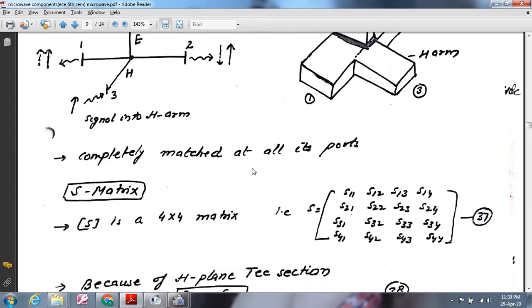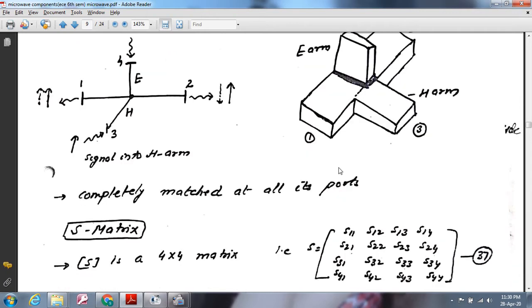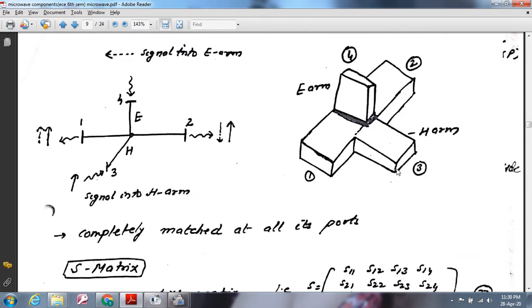Now we will see this port number 3, as we see in the second figure.